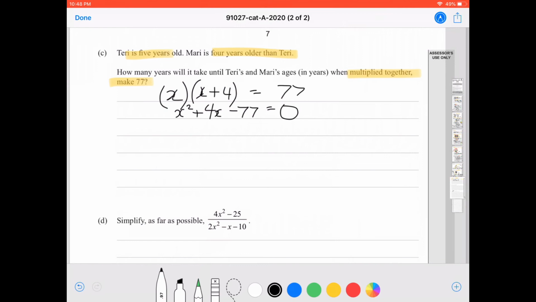Factorizing this quadratic, our numbers are positive 11 and minus 7, so x plus 11 and x minus 7 equal 0. Solving for x, x equals negative 11 and 7.